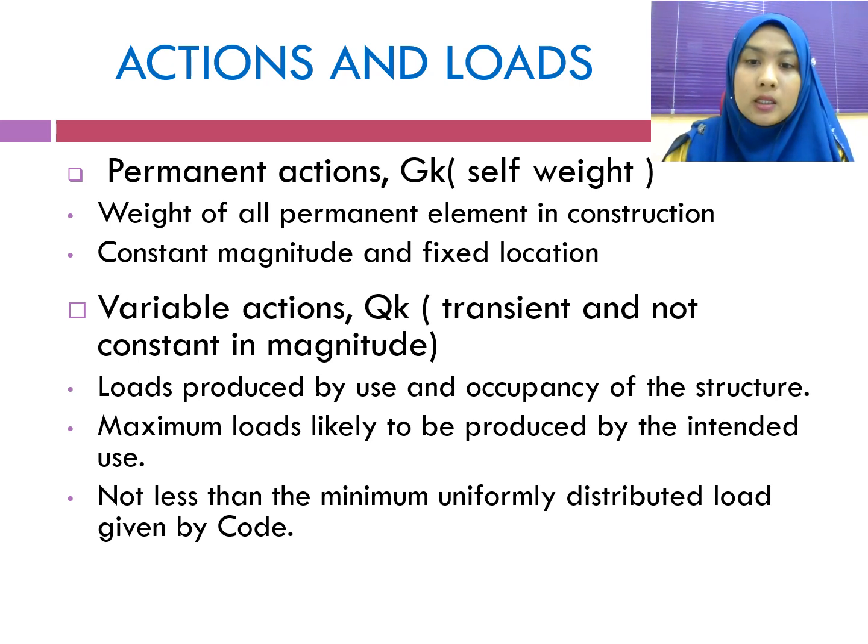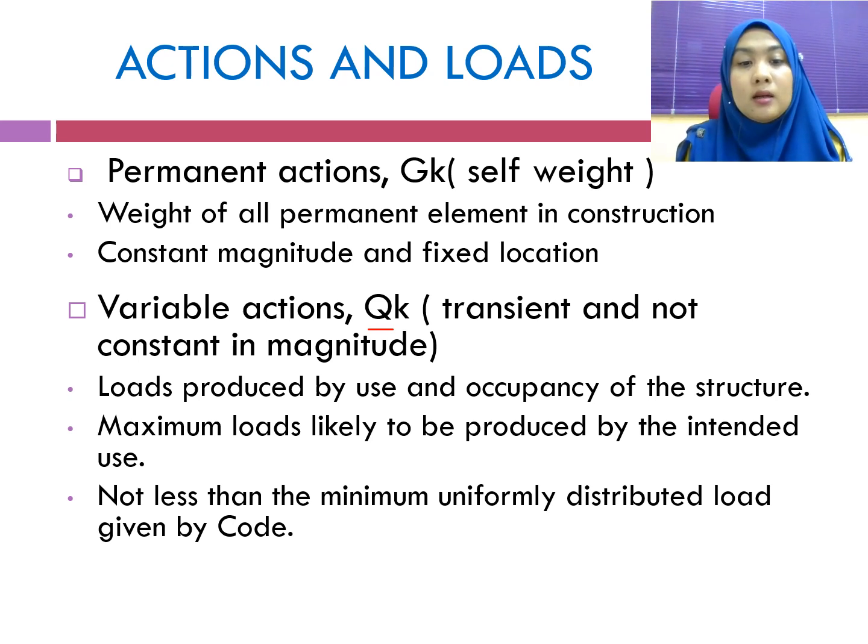Okay, variable action, we denote as QK. It is transient and not constant in magnitude. Variable action is the load produced by use or occupancy of the structure. So depending on the purpose of the structure, what are the variable loads? For example, if you are designing a house, in a house there will be a living room, bedroom, kitchen.